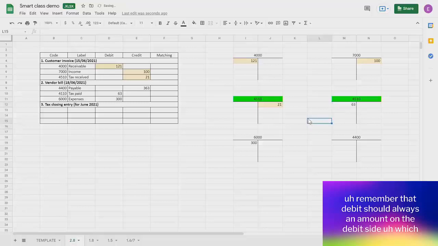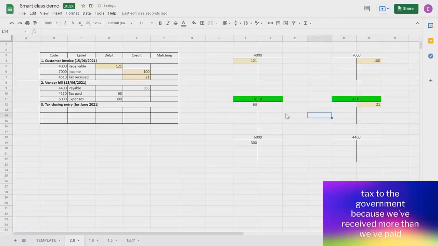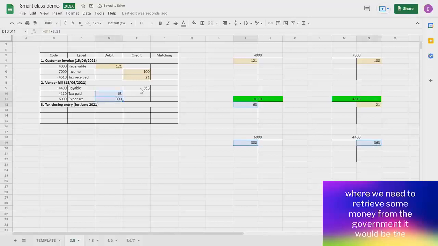At the end of the period, we have all our entries open, and this is what we need to do for the tax. As I said earlier, the tax accounts: we need to make sure that those two accounts are down to zero. So the tax closing entry is going to use the same accounts.